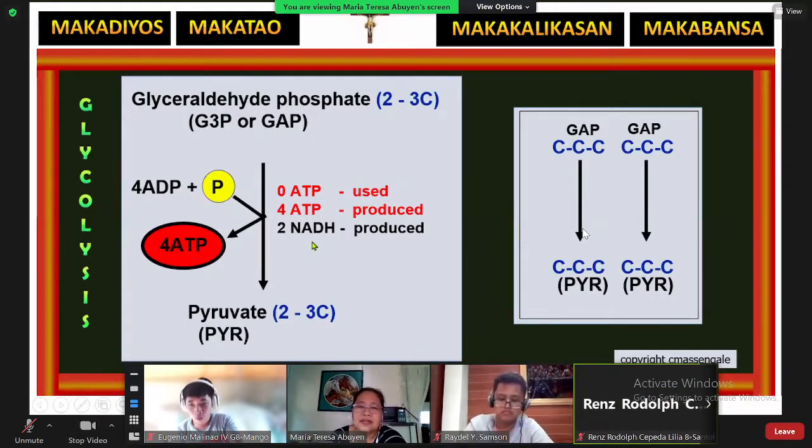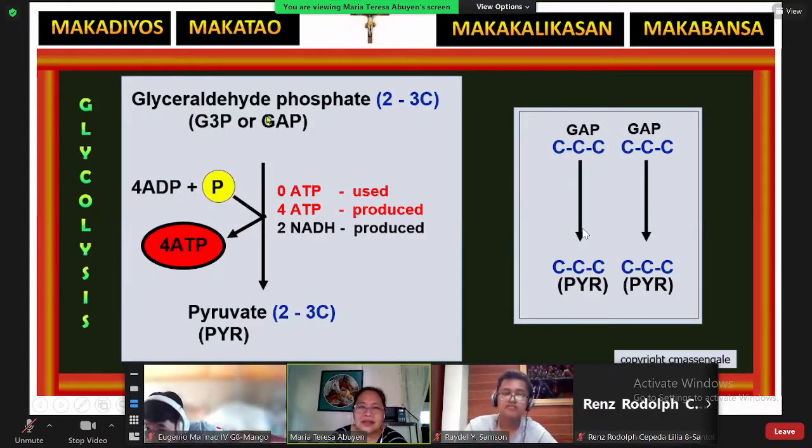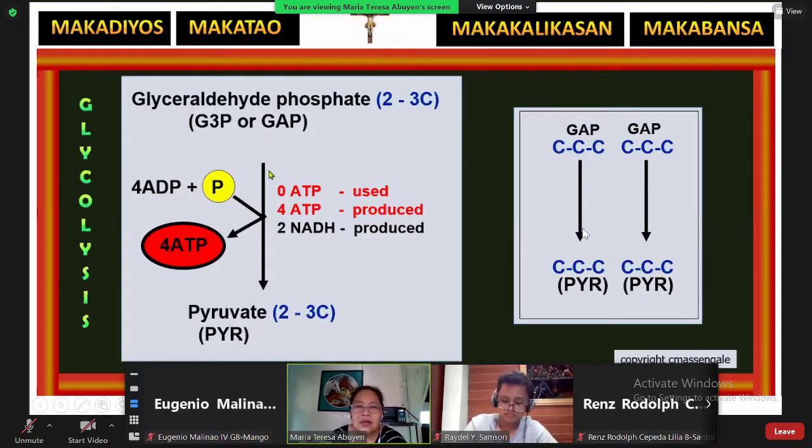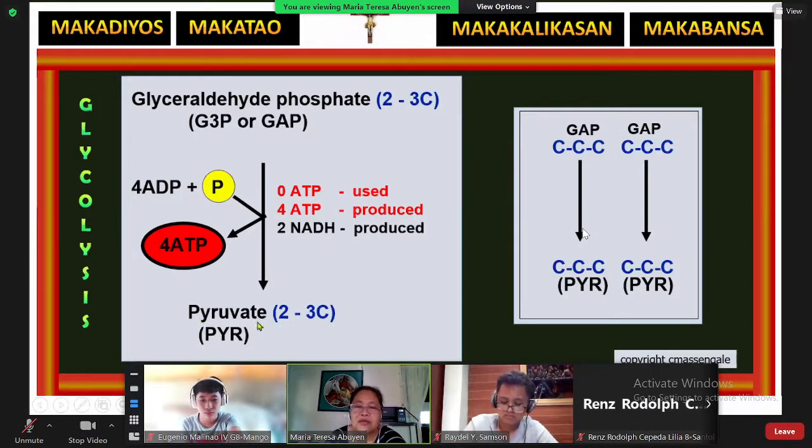Now, nicotinamide adenine dinucleotide hydrogen will only be produced when this glyceraldehyde phosphate continues the process to produce pyruvate. So these two molecules of 3-carbon compound, these two molecules of GAP, will undergo chemical reaction to produce pyruvate.